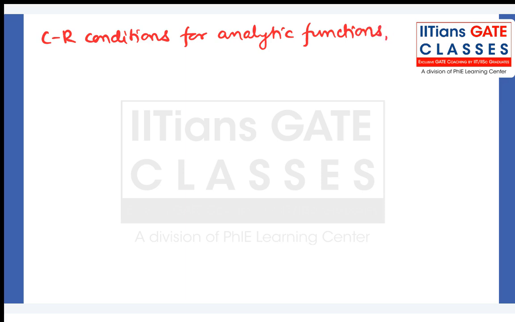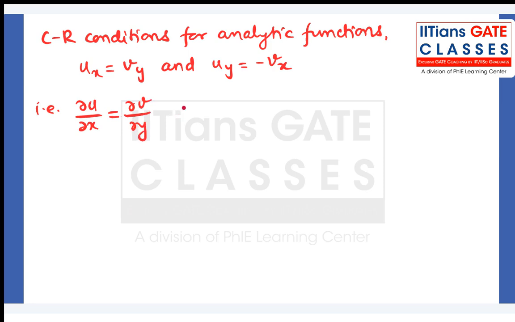It will be ux equal to vy and uy equal to minus vx. So here ux means the partial derivative of u with respect to x is equal to the partial derivative of v with respect to y, and similarly del u by del y is minus del v by del x. So you have to use these two conditions to get the form of v.